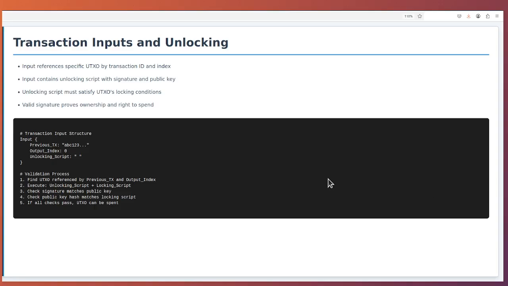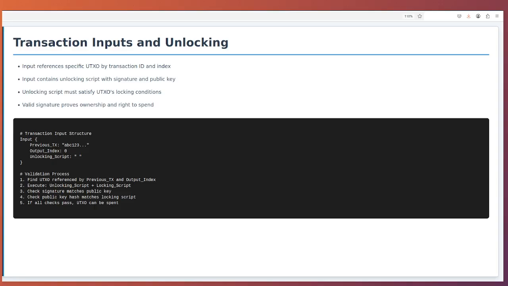This is where unlocking scripts come in. Every UTXO has a locking script that specifies the conditions for spending it. Typically, this locking script says, this UTXO can only be spent by providing a valid signature from this specific public key. To spend the UTXO, your transaction input must include an unlocking script that satisfies the locking script's conditions. In the typical case, the unlocking script contains your digital signature and public key.